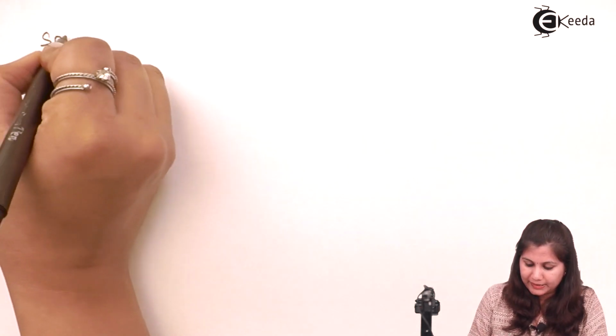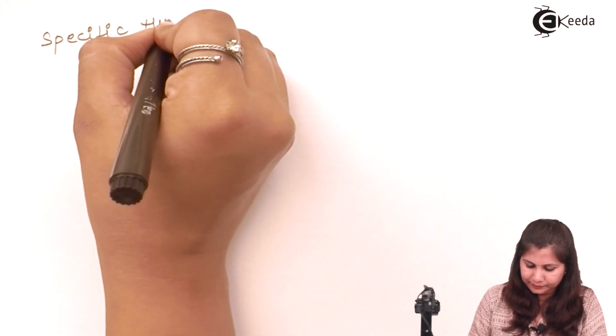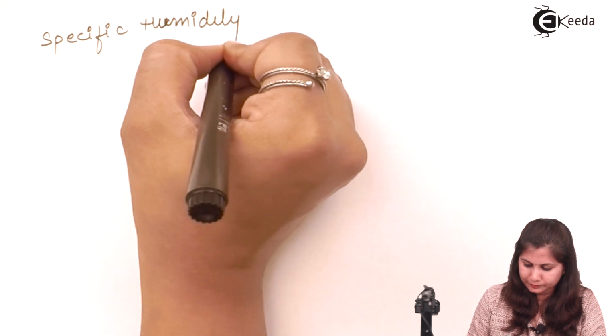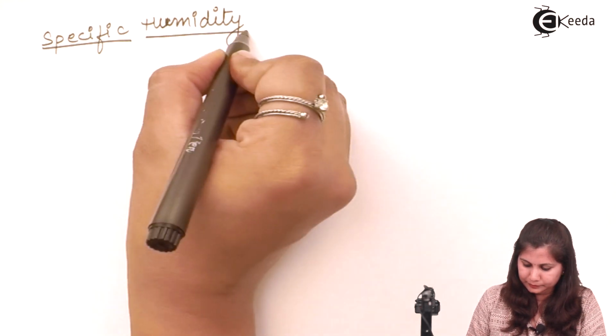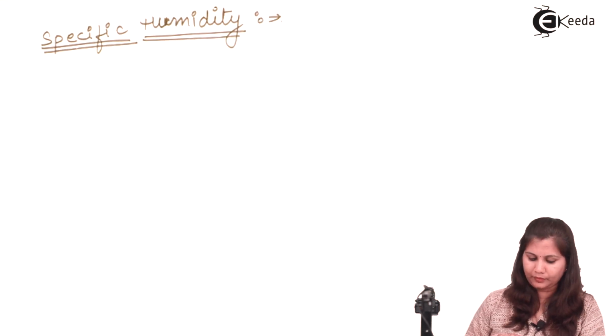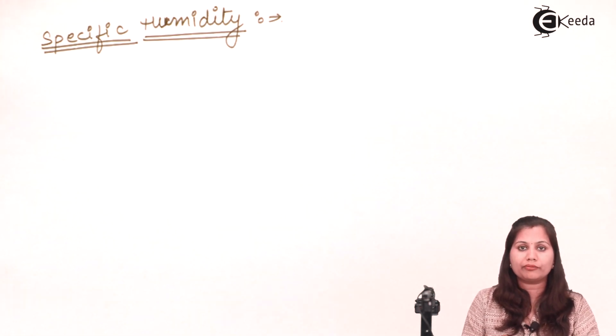Next is specific humidity. Specific humidity is defined as the ratio of the mass of the water vapor to the mass of the air.